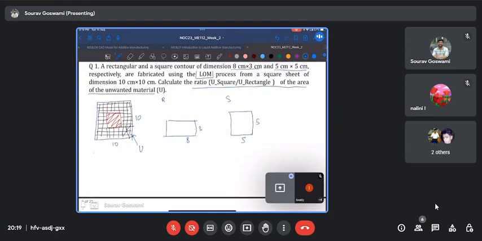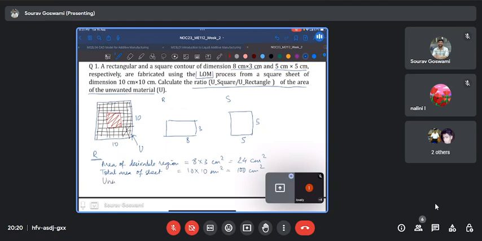So for the rectangular case, I know that the area of, say, the desirable region is 8 cross 3 centimeters square, or 24 centimeters square, and the total area of the sheet is 10 cross 10, or 100 centimeters square.